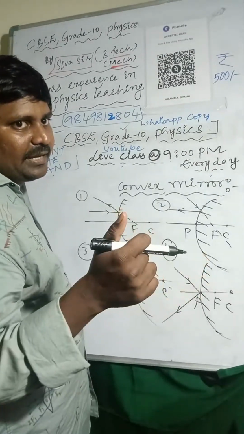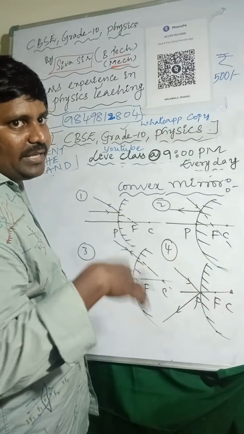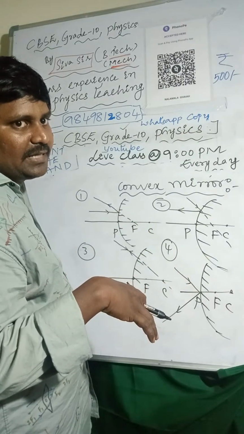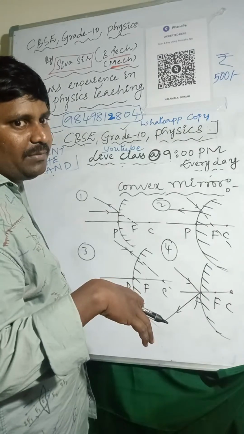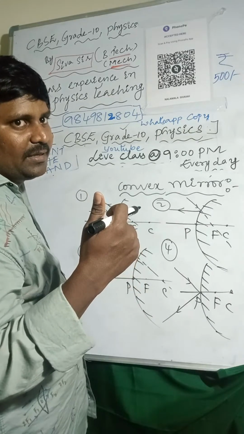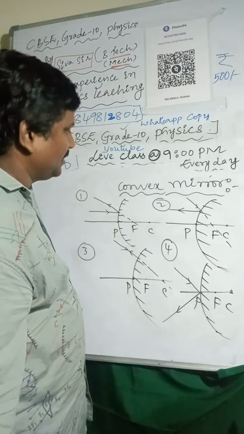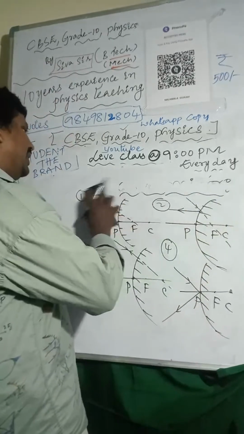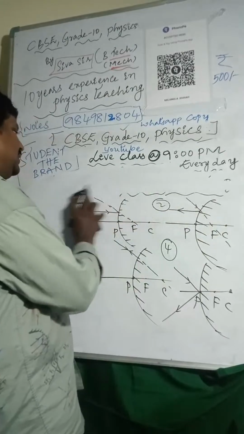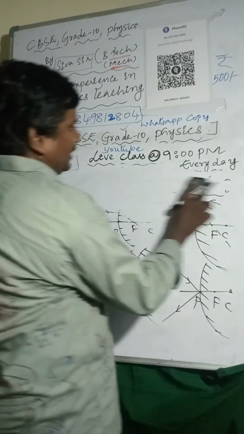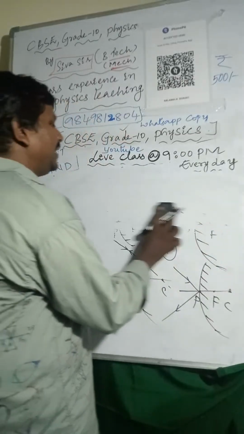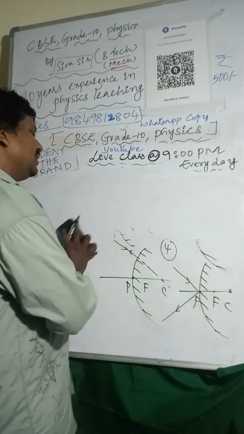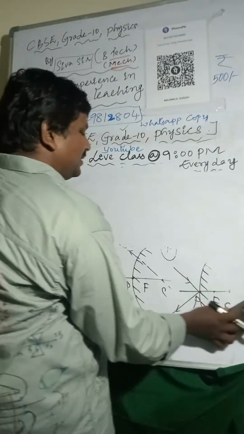I hope it is clear, everyone. Shall I go to the next one? Is it clear, everybody? Okay, done. Next, we are going to the image formations of concave mirror.